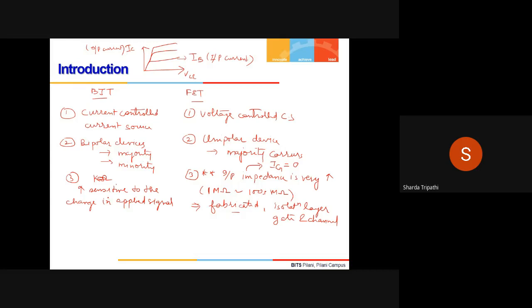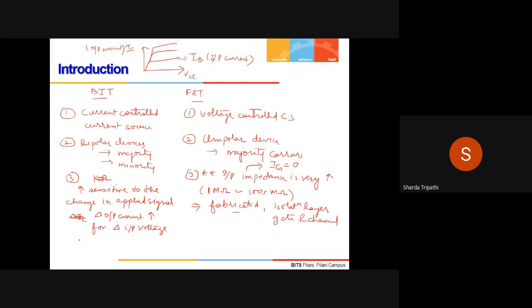So what do I mean by the sensitivity in this case? This means that the change in output current, that is delta IC, is actually high in case of BJT as compared to FET for the same change in input voltage.